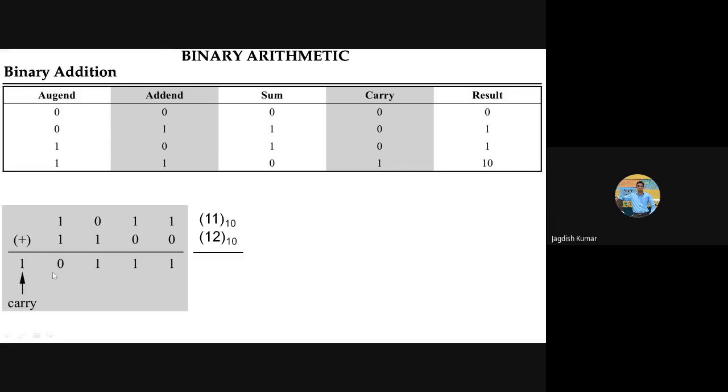So this number has to be 23. We simply convert it. This is 2 raised to the power 0, which is 1. This is 2, 1 plus 2, 3. This is 4, 3 plus 4, 7. And this part is 8, but it is 0, so it won't contribute. It is 16. So 16 plus 7 will be 23.